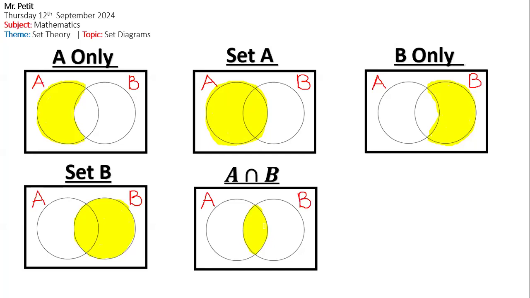Is it A and B? Which part of the diagram does the intersection refer to? The middle portion, yes. Let me ask you that again. Which part of the diagram is the intersection? The middle portion, all right.